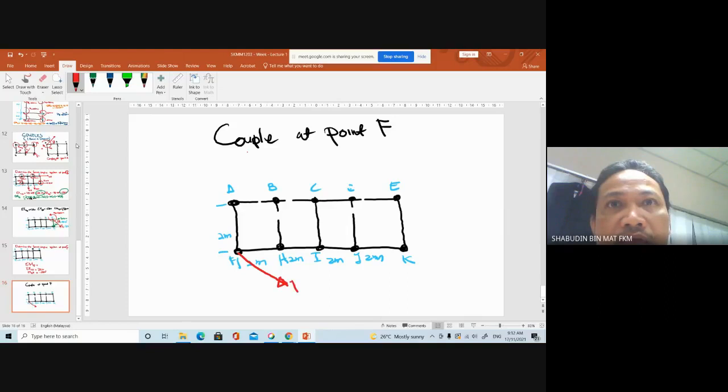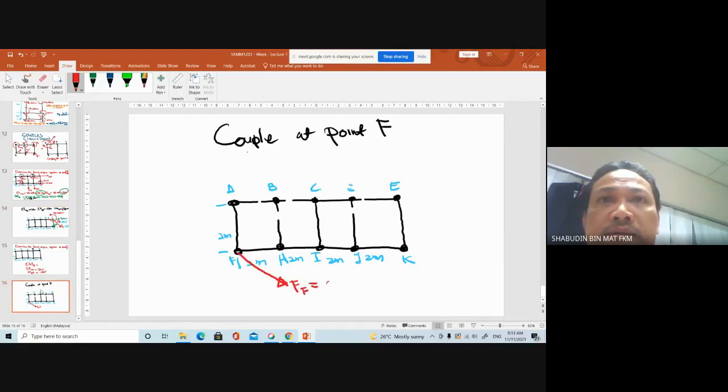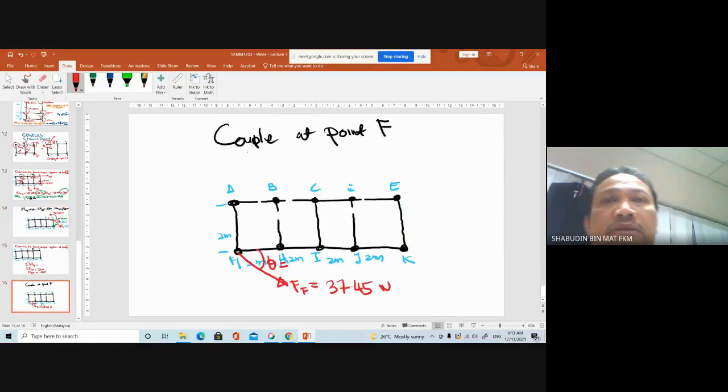F is equal to 37.45 Newton, and theta is also unchanged, equal to 48.42 degrees.